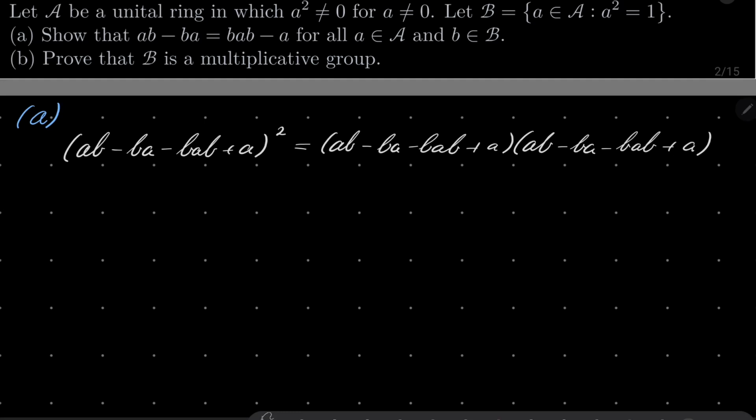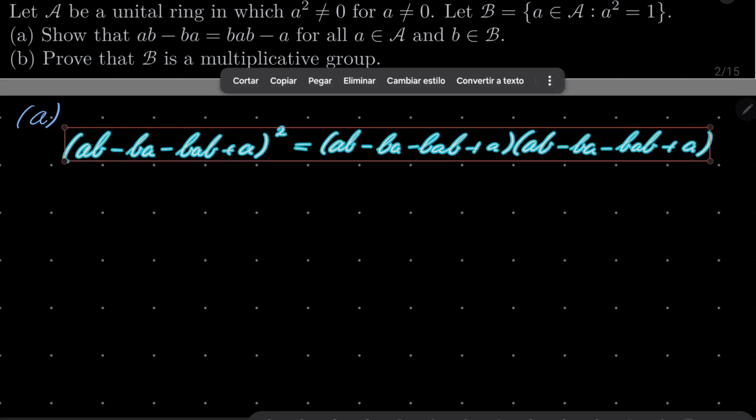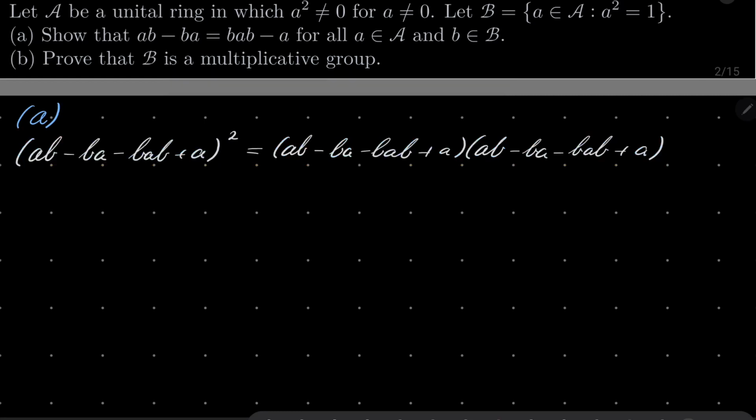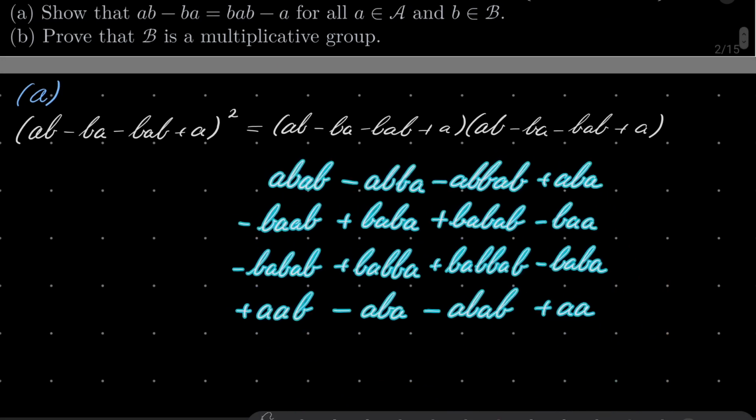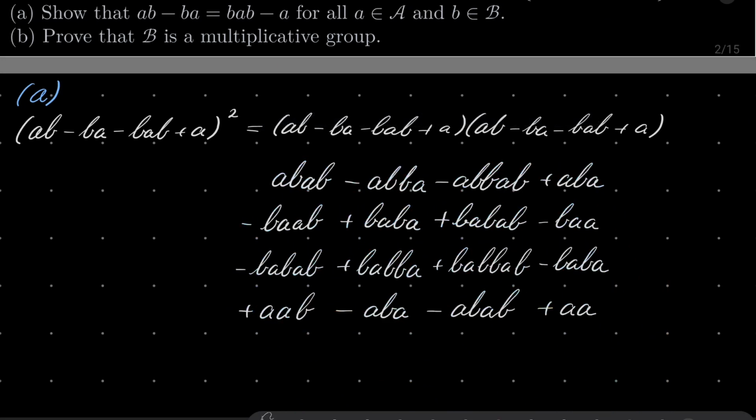And now, using the distributive law, you should multiply everything by everything. This times that, times that, and so on. Some work needs to be done. I will give you the final result. All of this simplifies to this expression, which you see here. You can verify it yourself.